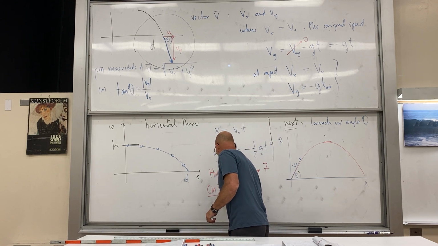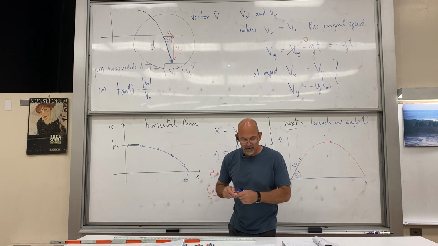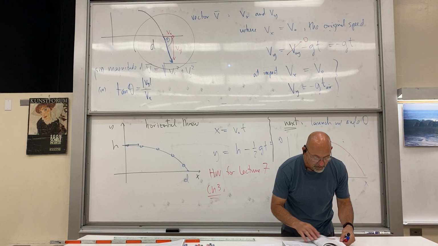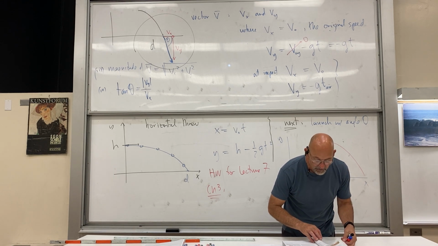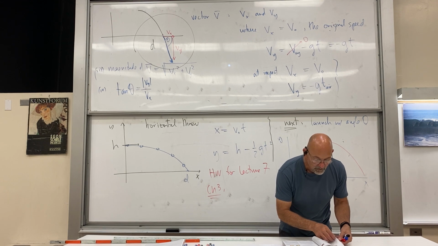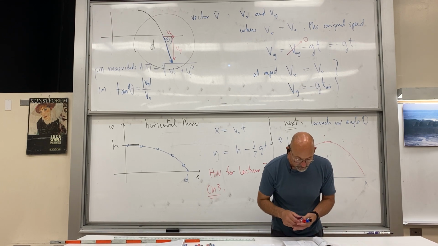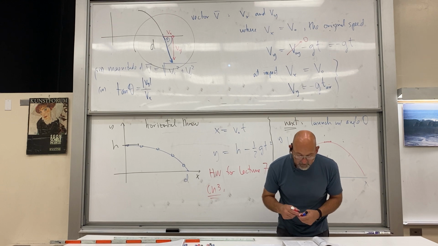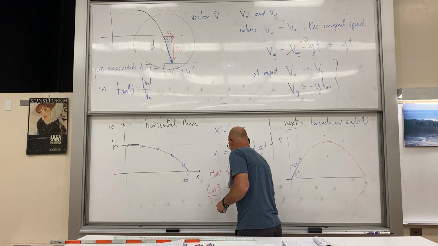We're in chapter 3, and we're looking for some horizontal throws. Let's see what we have here. This is a great chapter. Yep. So first one is problem 7.